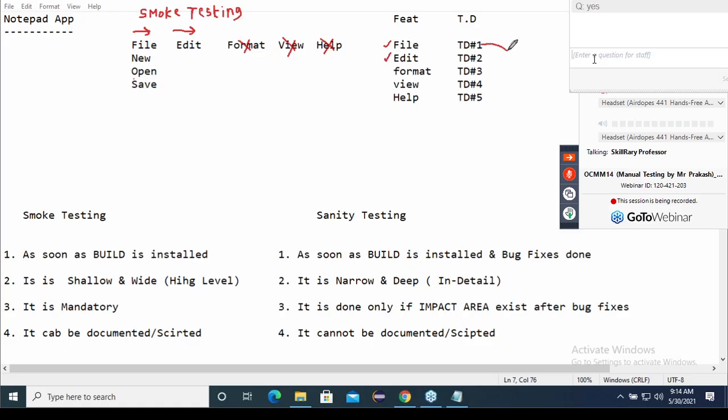So take test document number 1, and take test document number 2 also. And do one thing: name them as smoke test documents. Tell me, guys, what is the advantage of this? These two I have named as smoke test documents. What is the advantage?